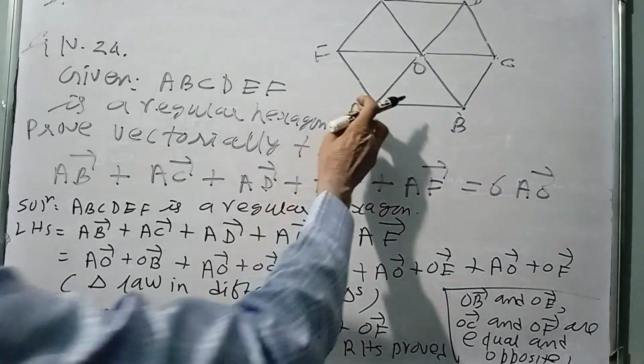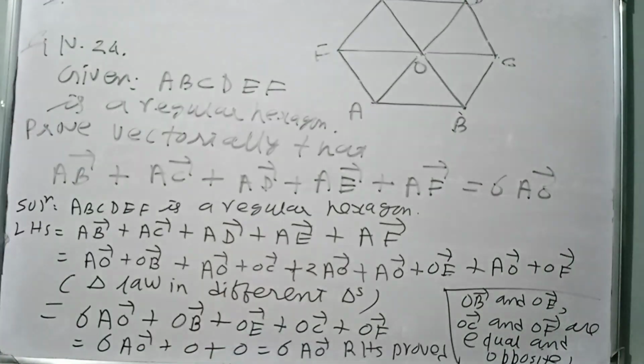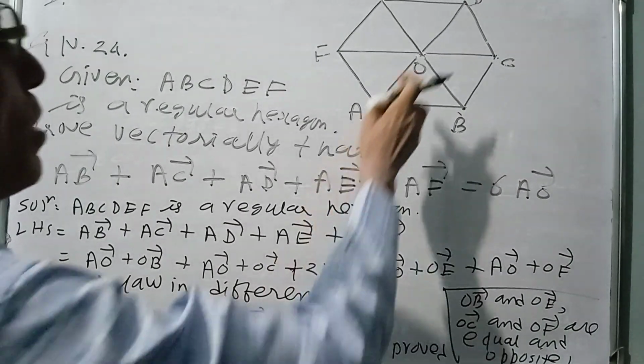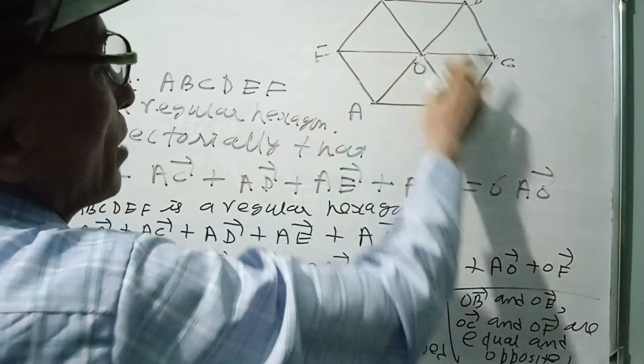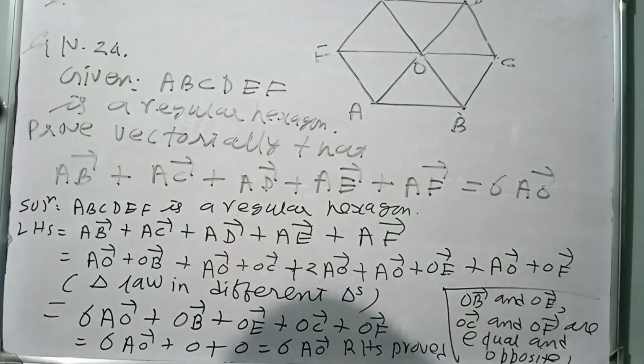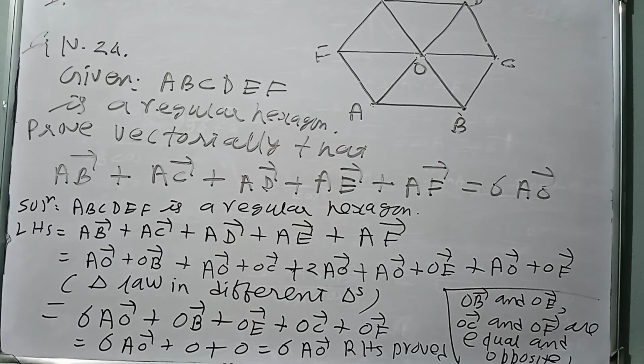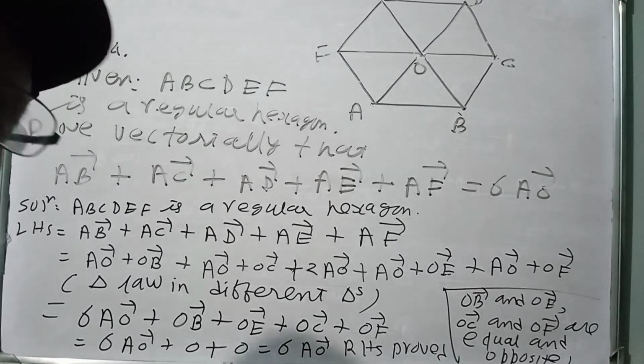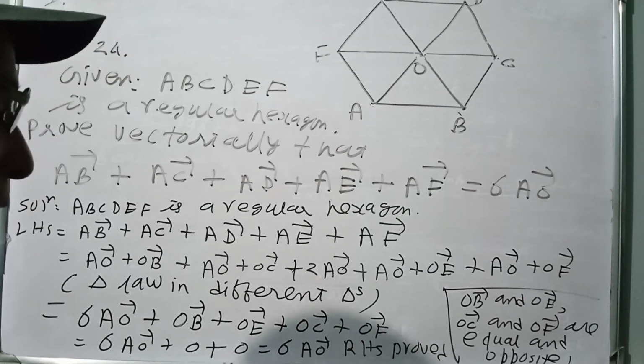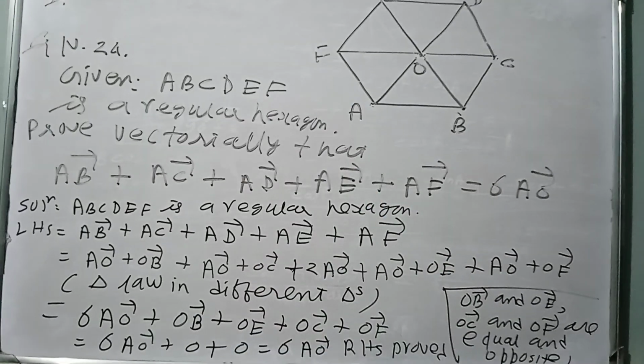In the same way, AO and DO are equal and opposite. OE and OB, OC and OF are equal and opposite, which cancel each other, and the result is 6 times vector AO. Right hand side proved. This much for today.